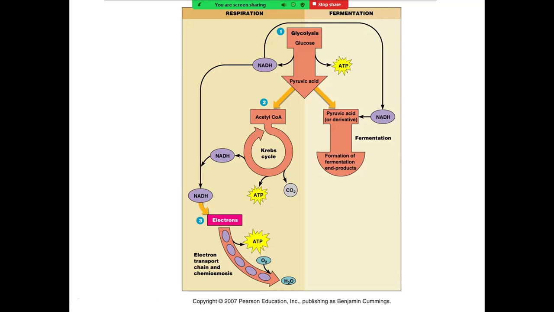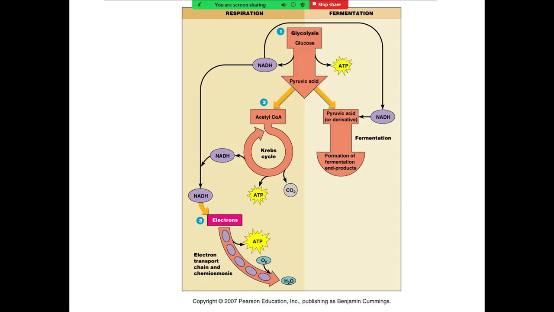And that's what this summary slide is trying to show you. In the electron transport chain, we'll then use these electrons to generate ATP. And that's just comparing it to fermentation, which makes some ATP in glycolysis. Then we regenerate the NADH, we'll talk about that, to make a fermentation reaction.